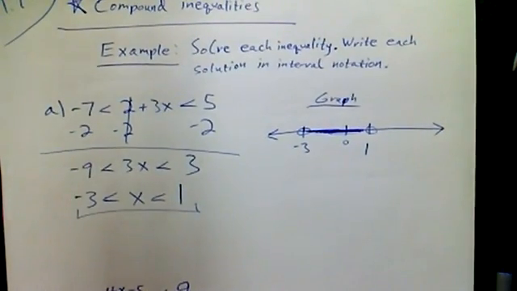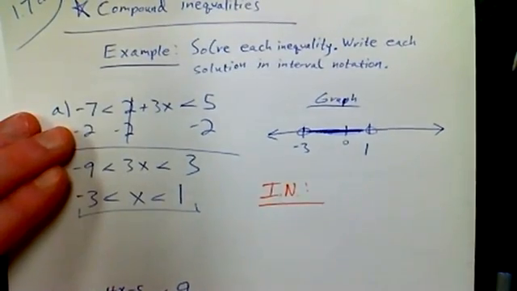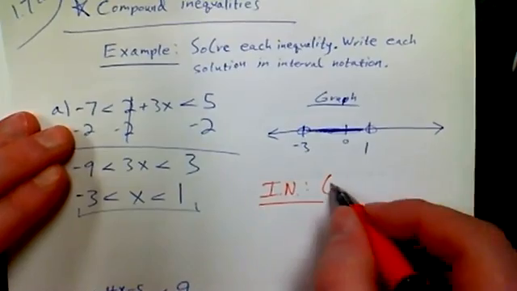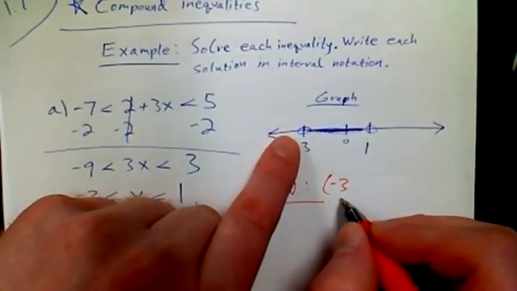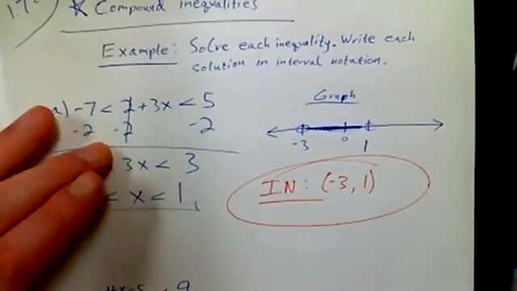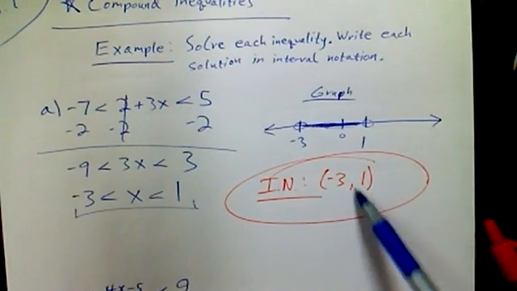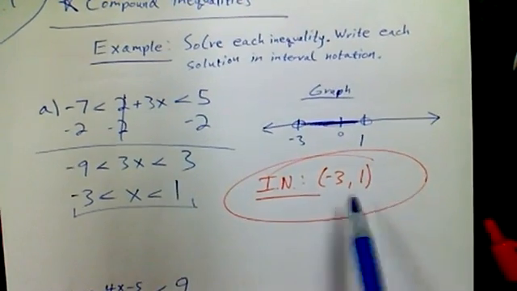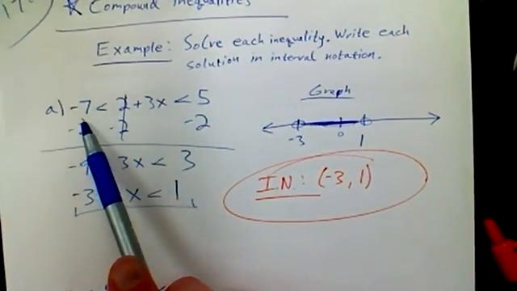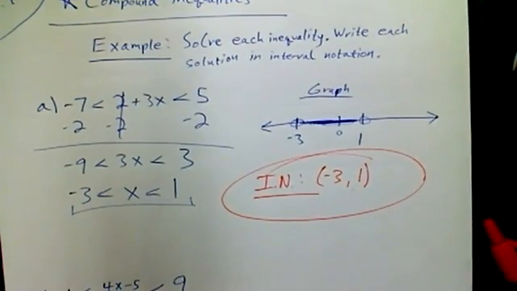If you want your solution in a nice, neat interval notation, which you should, then we're going from negative 3, not including, to 1, also not including. And of course, to check these, you could always check some values in here. If I put 0 in, then that would say negative 7 is less than 2 is less than 5. That would be true. That makes me feel a little bit better about this answer if I'm a little unsure.